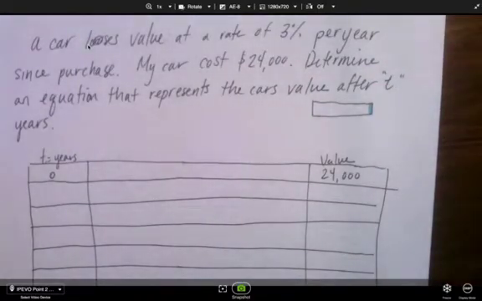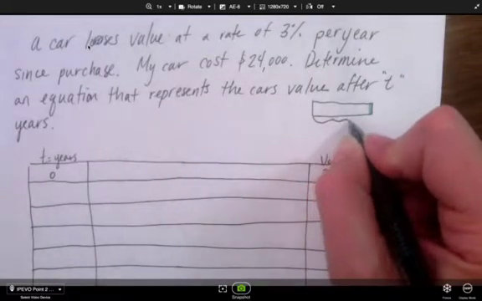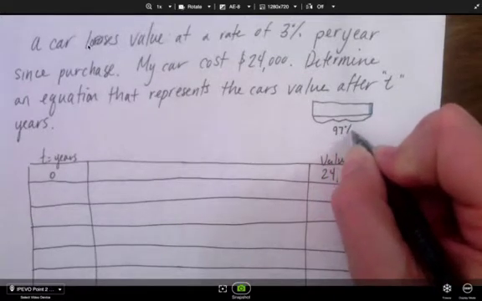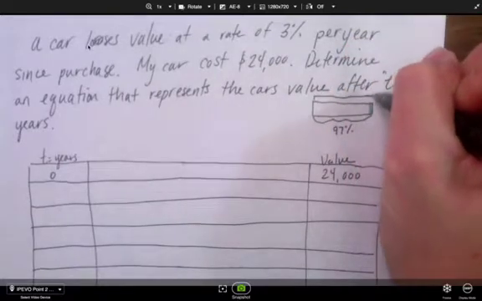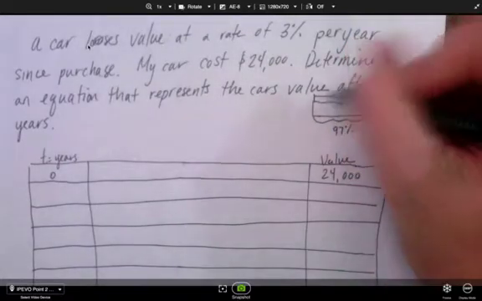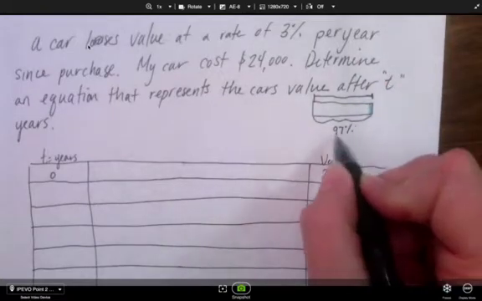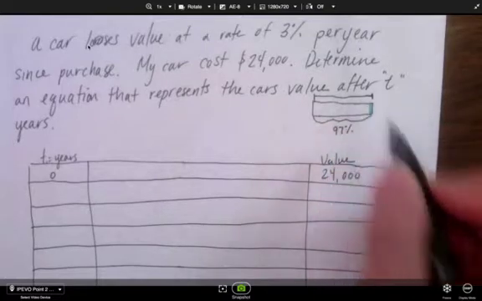So the question is, what remains, right? And what remains if we lose 3% is 97%. So if this was $100 or $200 or $300, what would remain is 97% of that value, okay?